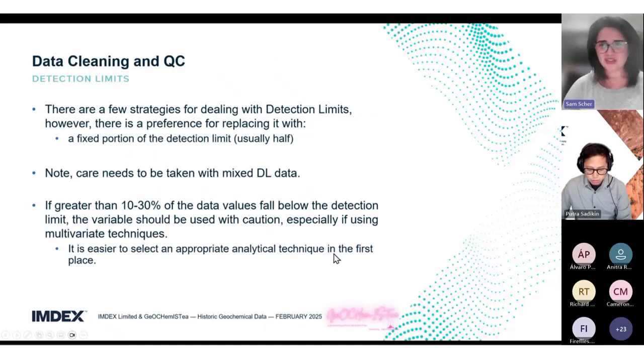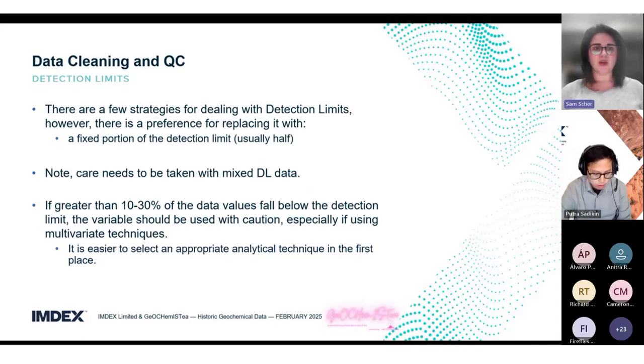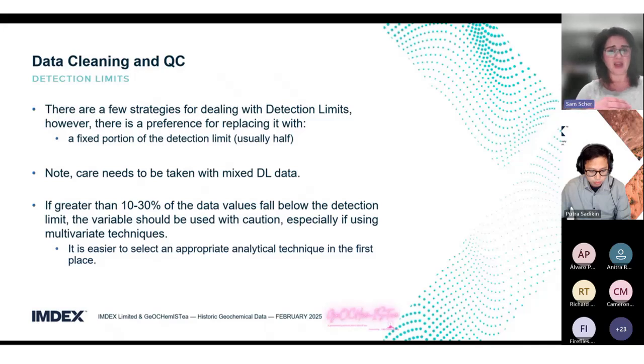What we're going to do today, one of the more preferred ways to deal with detection limit data, is to replace it with a fixed proportion, usually half. You're also going to have to deal with, in your data sets, a lot of times more than one detection limit. So it's just something to keep track of and to really understand what's going on with your data.